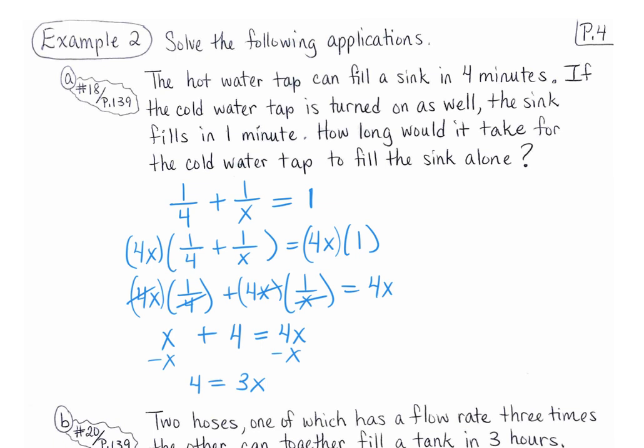You flipped it, and I'm okay with that. But let's read what we had. So 4 equals 3x. Then divide both sides by 3. We get 4 over 3 equals 3x over 3. The 3's cancel to give us 4 over 3 equals x.